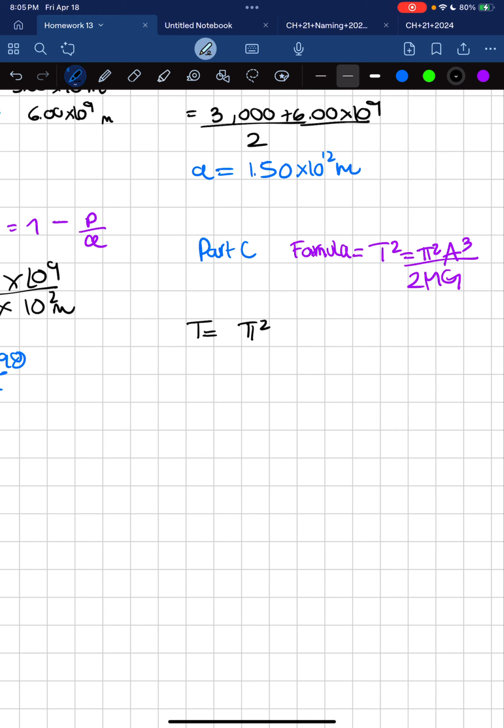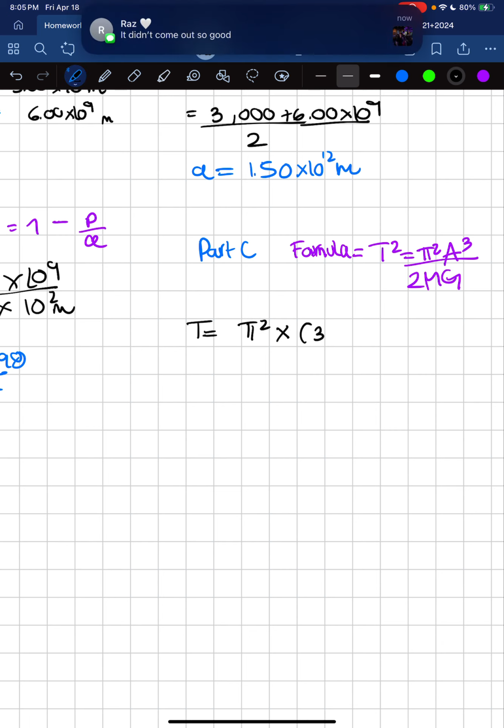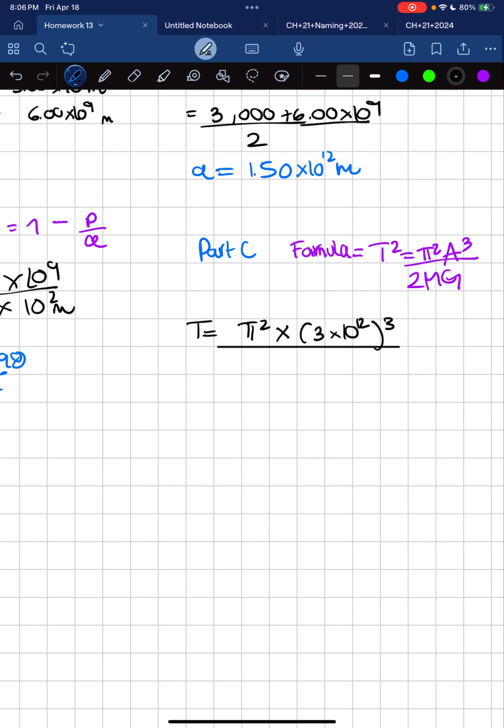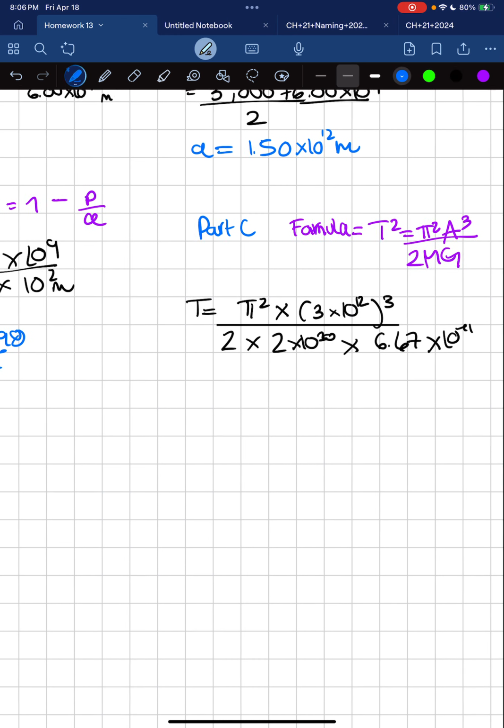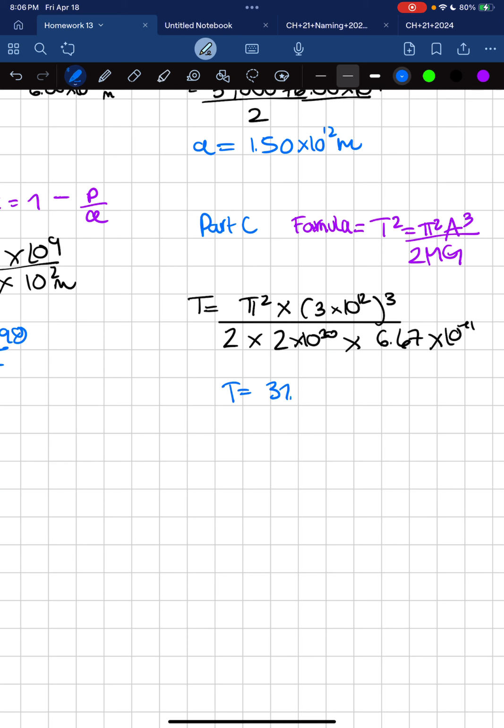We have period times 3, and then this is gonna be cubic. Then we have 2 times 2, 10 to 30 times 6.76, 10, 11. And then when we put that in our calculator, we're gonna get 31.8. This is gonna be the period.